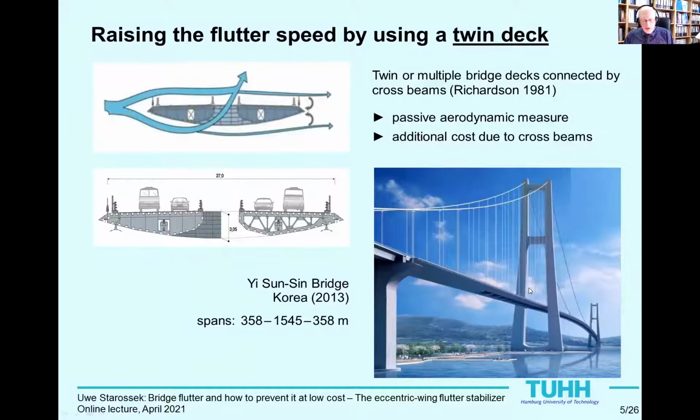The cost is clearly less than the cost required for achieving the same flutter speed increase by increasing the stiffness of the system. However, there is some additional cost. The crossbeams that are needed to connect the individual decks are quite substantial structural elements. The additional cost is estimated at 10 to 15% of the cost of the bridge superstructure.